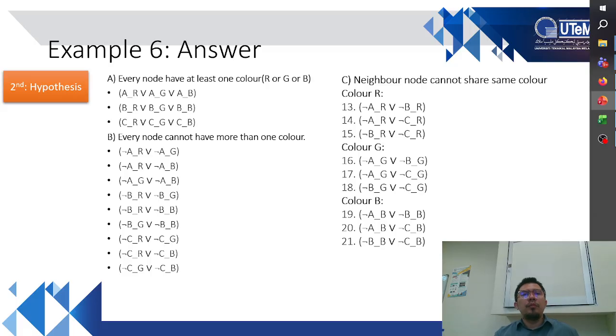And then the hypotheses. There are 3 hypotheses that can complete the graph coloring.